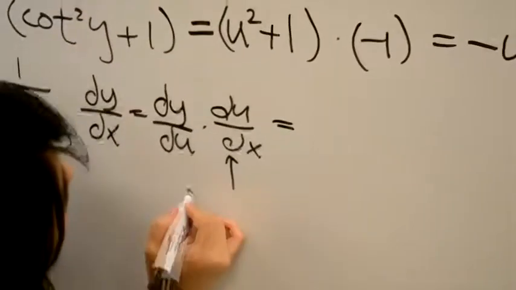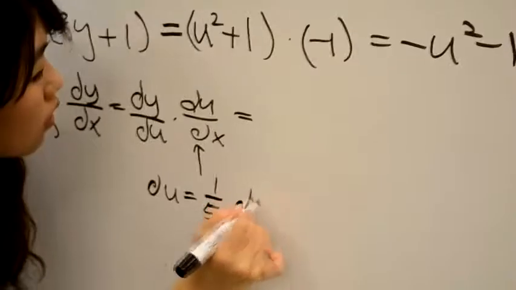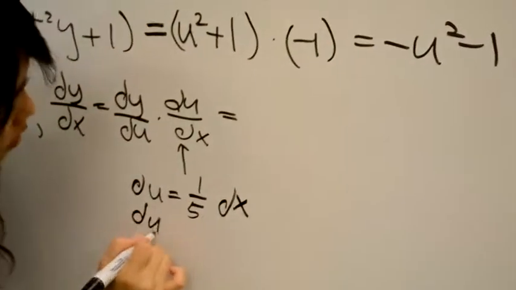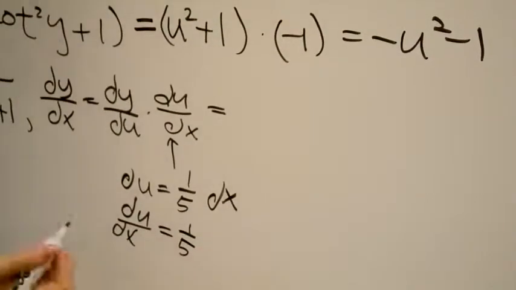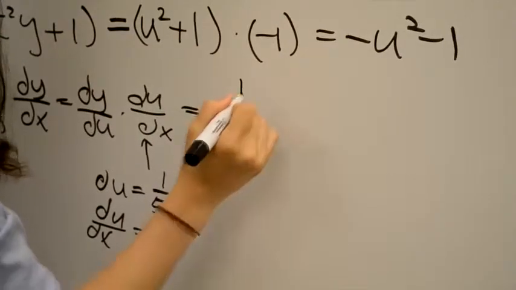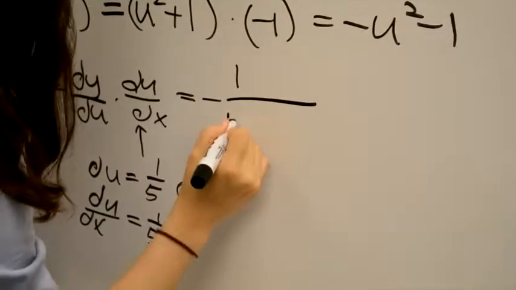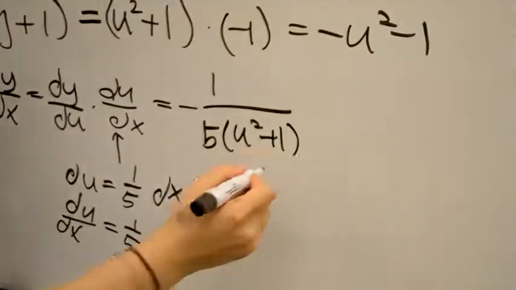Since u equals x over 5, du dx is going to be 1 over 5. So the whole thing, which equals dy dx, is going to be negative 1 over 5 times u squared plus 1.